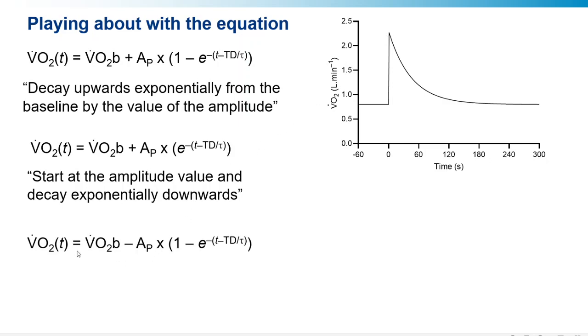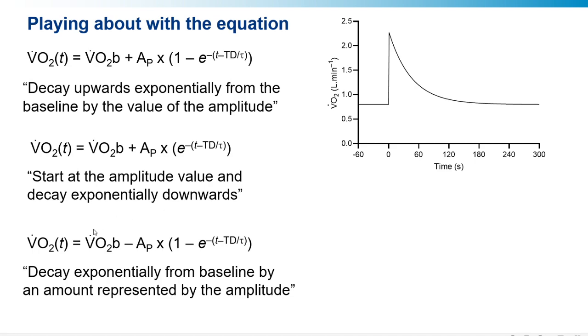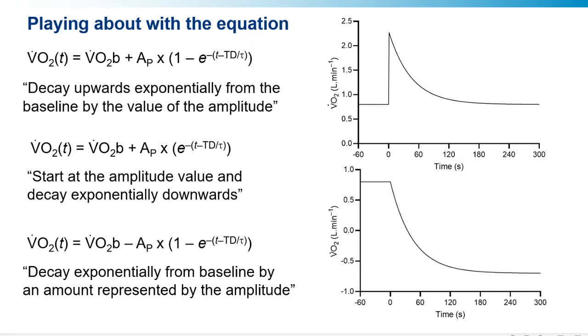You can also do this in a different way, so you can take the plus sign, so all we're doing really here is changing the signs. You do that, and that then says decay exponentially from the baseline by an amount represented by the amplitude. And then you get something like this. Now, this looks exactly like the offset of exercise, but of course, unfortunately, we've screwed things up a bit.